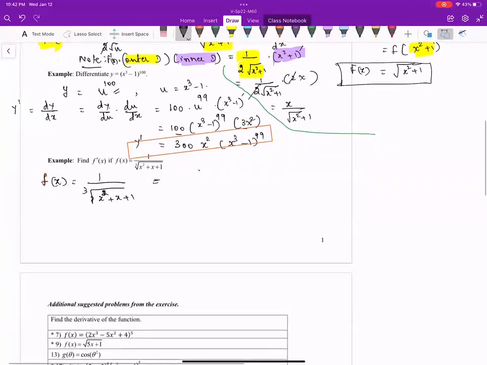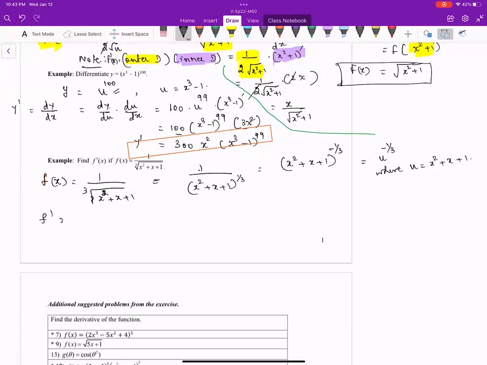The denominator, if you write that in exponent form, becomes x squared plus x plus 1 to the power 1/3. If I take that to the numerator, I get x squared plus x plus 1 to the power negative 1/3. So now you can write this as u to the power negative 1/3, where u is the one inside the parentheses.